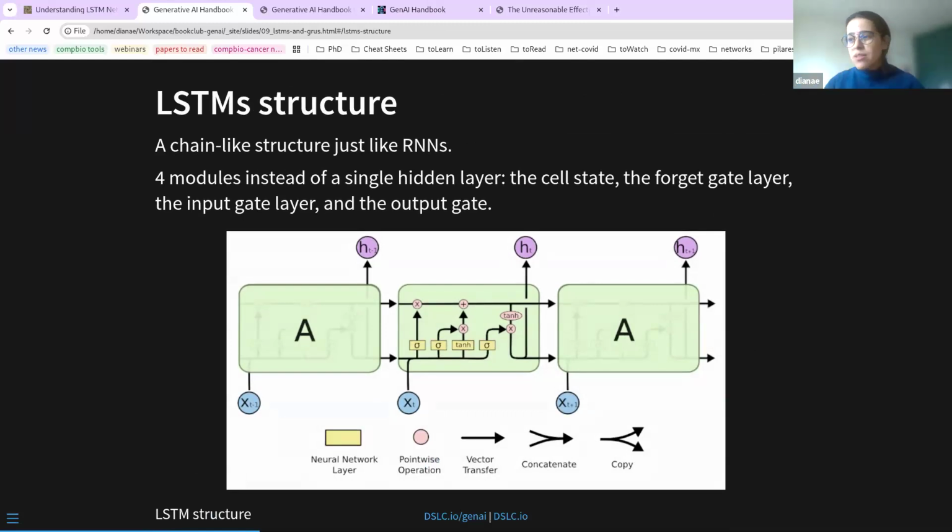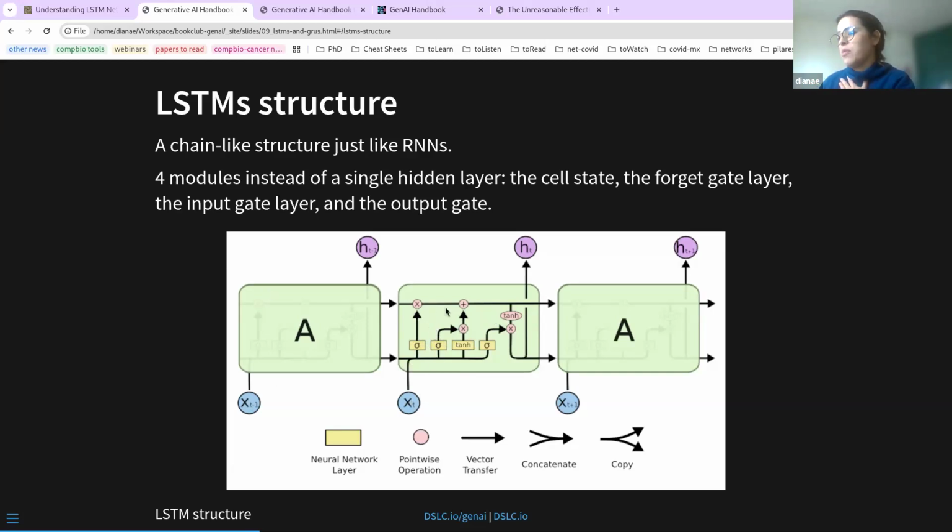They also have a chain-like structure, just like the classic recurrent neural networks, but the difference is that they have 4 modules instead of the simple hidden layer, the simple hidden vector that the RNNs have. The 4 modules are called the cell state, the forget gate layer, the input gate layer, and the output gate. This is the structure of the network.